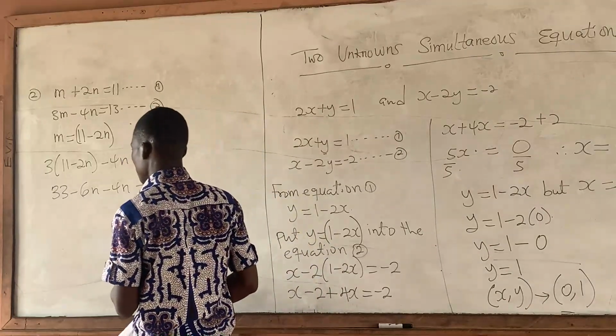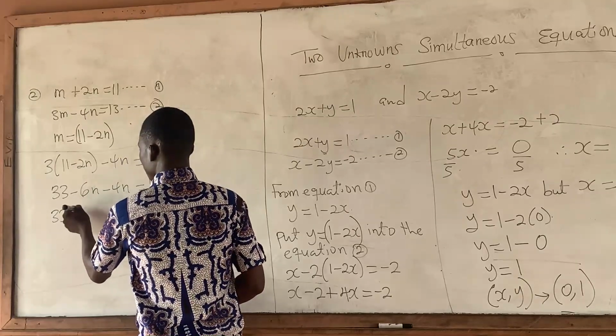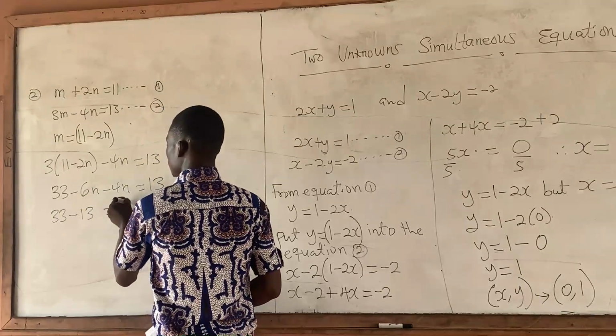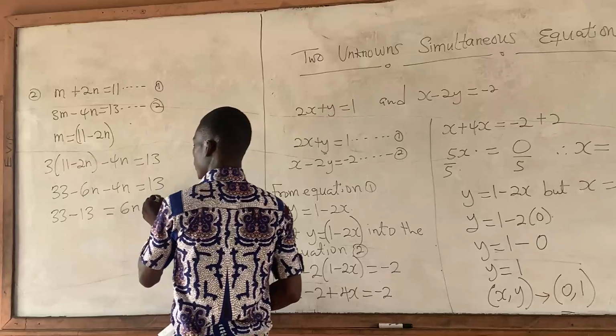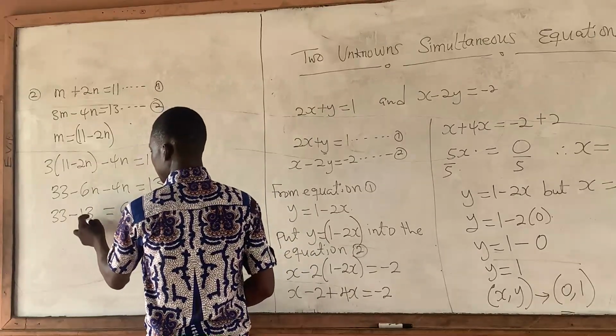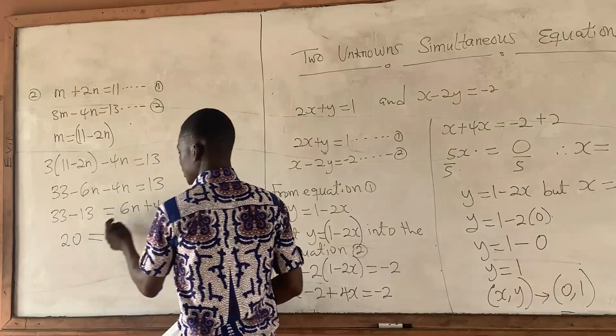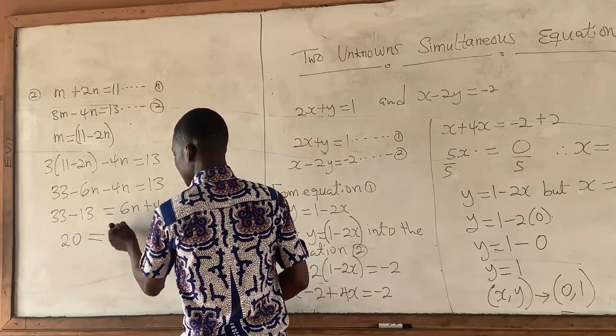So let's do it like this: we have 33 minus 13 is equal to 6n plus 4n. Now 33 minus 13 is 20, which is equal to 6n plus 4n, that is 10n.